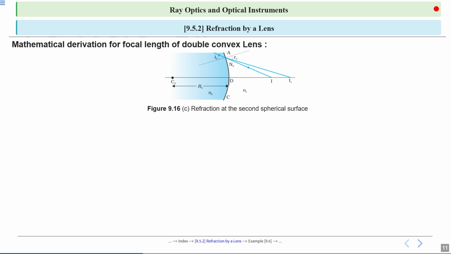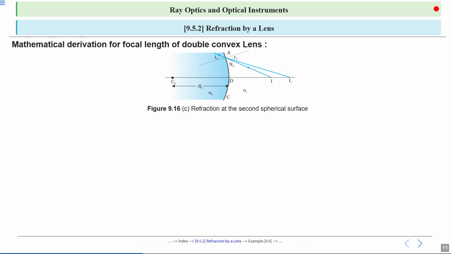Now, this object is virtual. This is not real. It is never formed. It is an intermediate step to determine the final position of the image. Only this ray is there, coming towards this surface ADC.